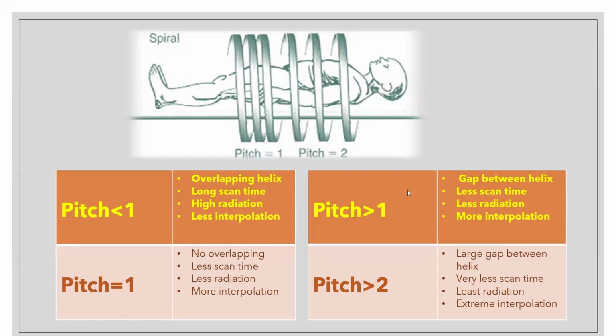If pitch is greater than 1, there is a gap between the helical scans, less scan time, less radiation and more interpolation. If pitch is more than 2, there is a large gap between the helix, very little time, least radiation and extreme interpolation. But usually we prefer pitch equal to 1 for all patients. If it is a pediatric or very uncooperative patient, we will go for a pitch greater than 1.